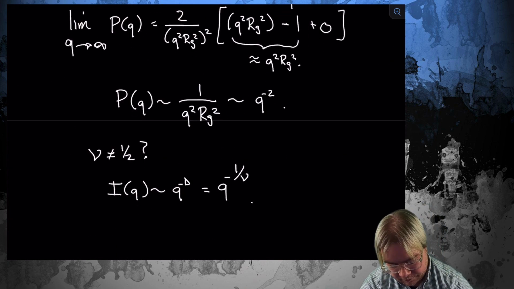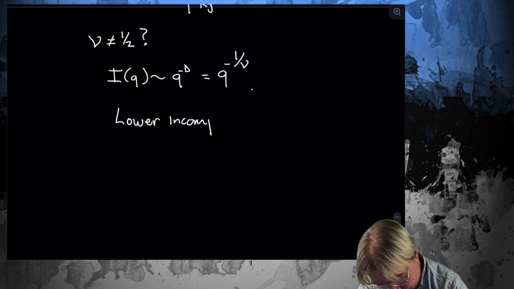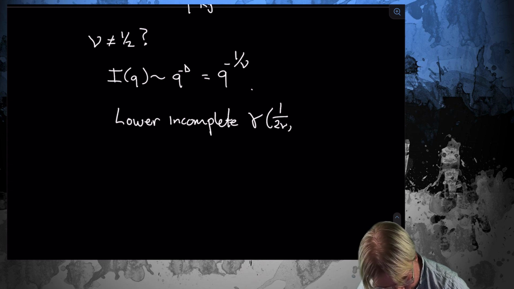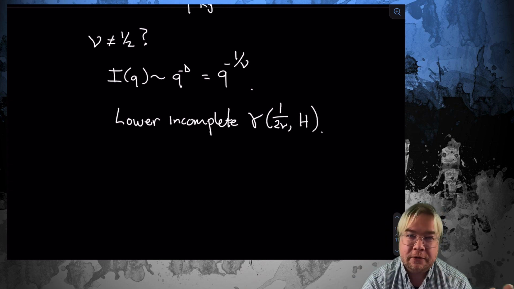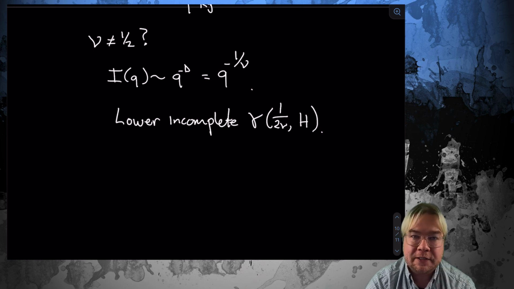You can do it in terms of these other functions called lower incomplete gamma functions. There'll be functions of 1 over nu and this thing we called h. I'm not going to do that though. If you're interested, there will be a PDF of the paper my student and I just wrote in the file section on Canvas.